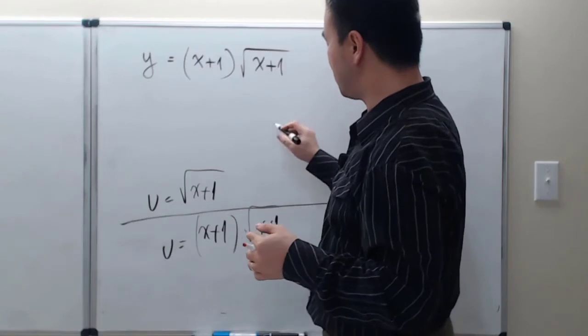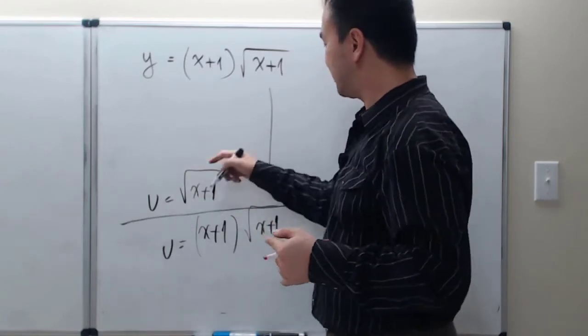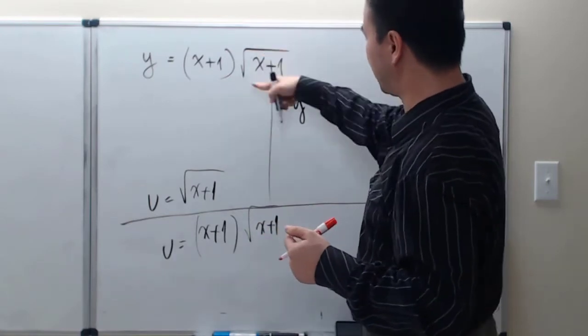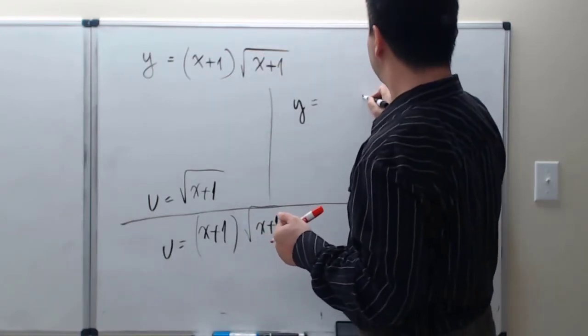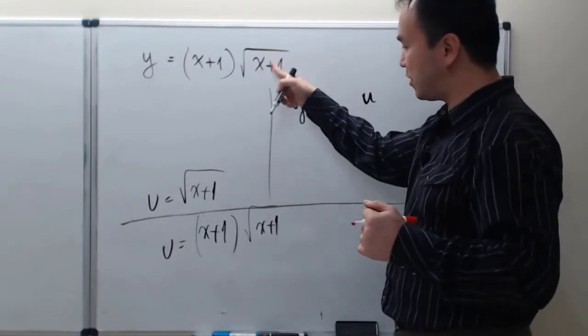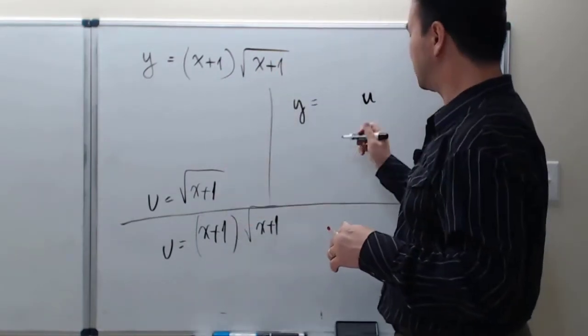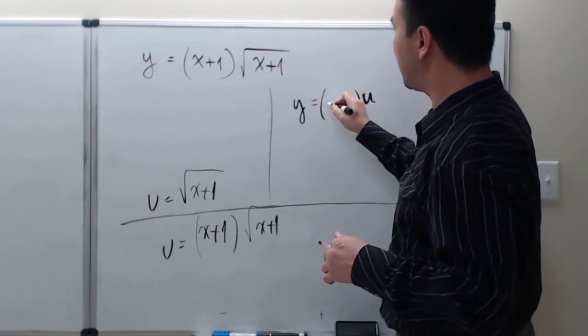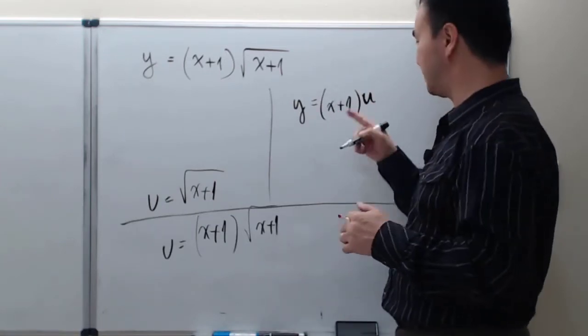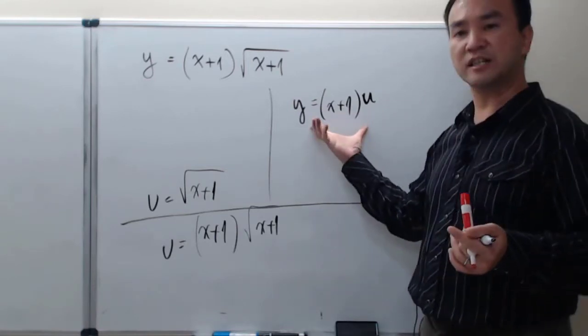Okay, so if we substitute this into the function, y equals, see, all that here can now be u, because it's a square root, the entire square root gets substituted away. But if you got hung up right here because there's still an x plus 1 left behind, then we're not successful yet.